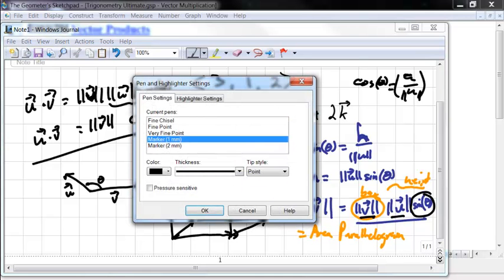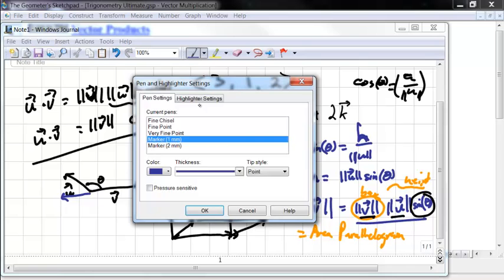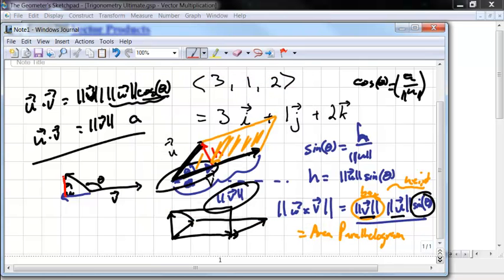And when you have this negative dot product, the blue vector is going to be pointing away from v, and the red vector, that's your h, is still going to be perpendicular to the vector v.